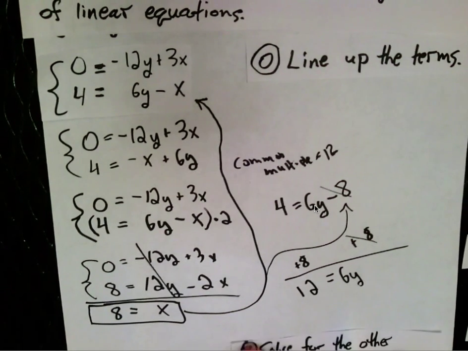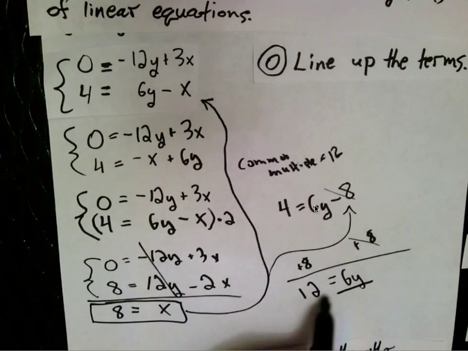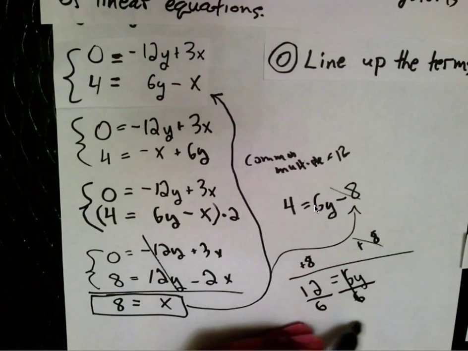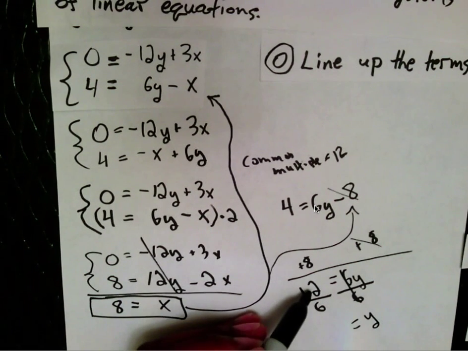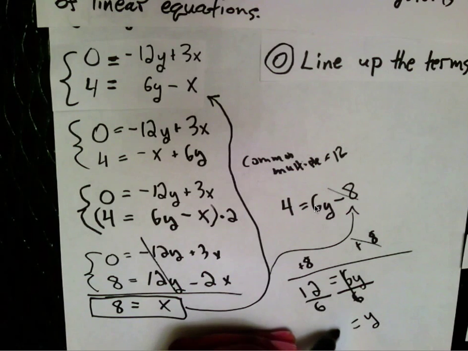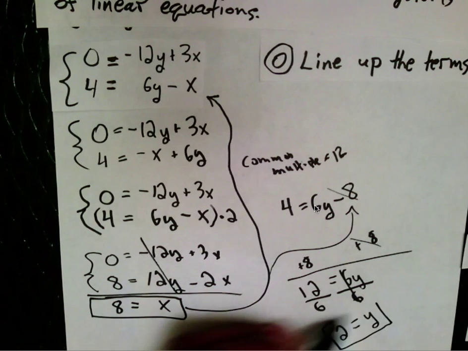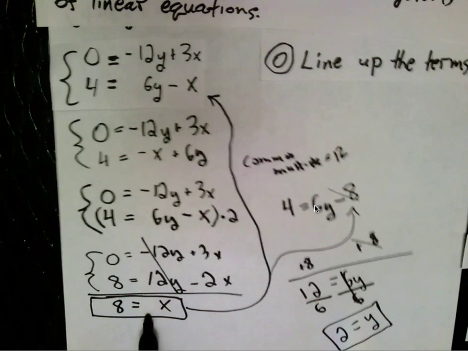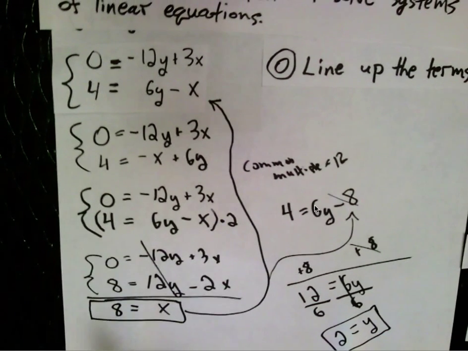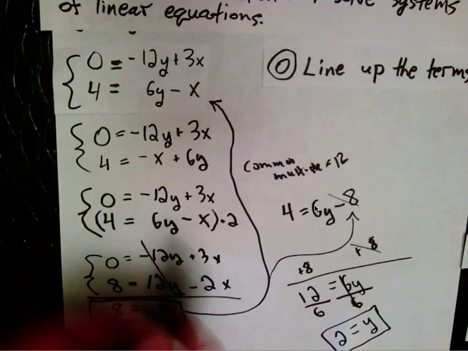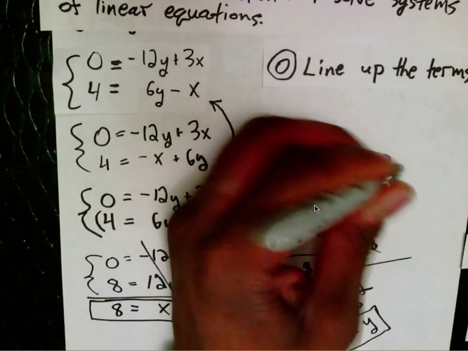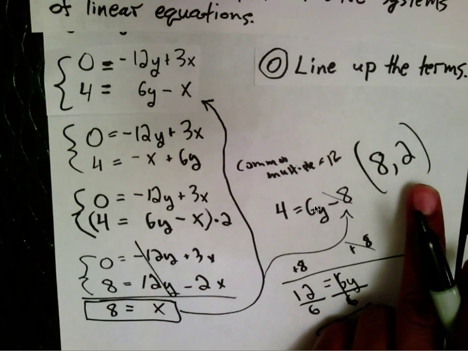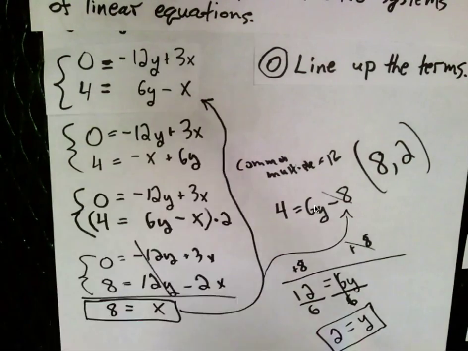So 12 equals 6y. Now let's divide both sides by 6. And y is equal to 12 divided by 6, which is 2. So y equals 2. X equals 8. And the solution to our system of equations is (8, 2). And that is the point where these two equations intersect.